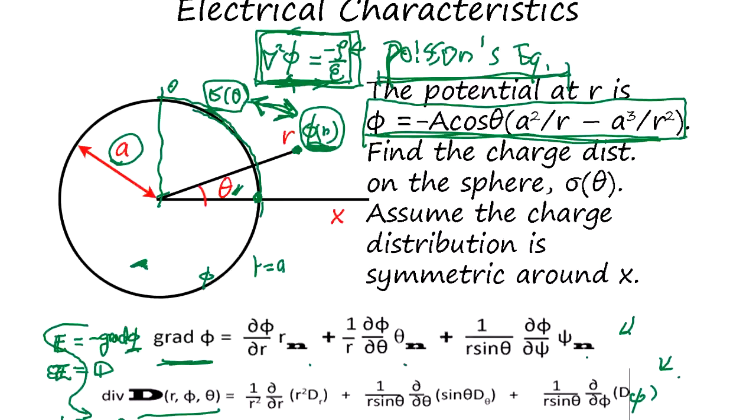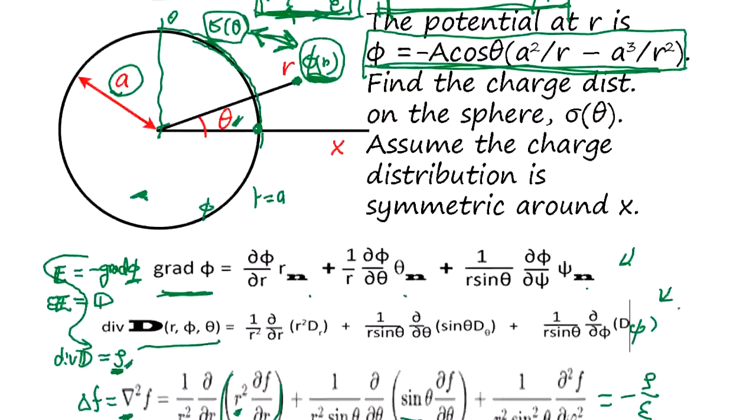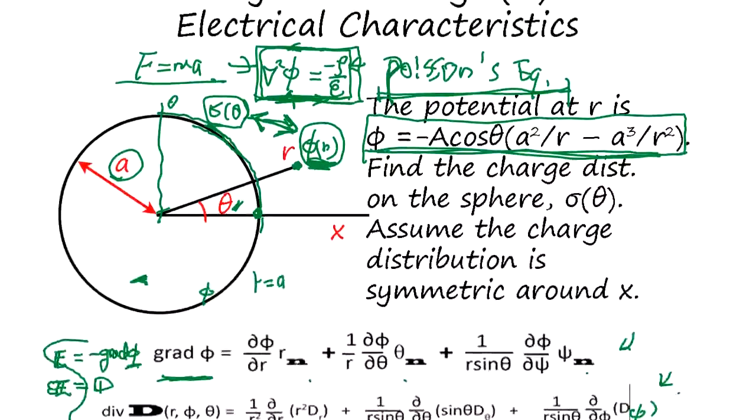So this is something like Newton's F equals ma in electrical characteristics. You have to remember this. Okay, so the Newton's F equals ma is actually, instead of F, we can use gravity potential, and we can make a similar equation like Poisson's format.